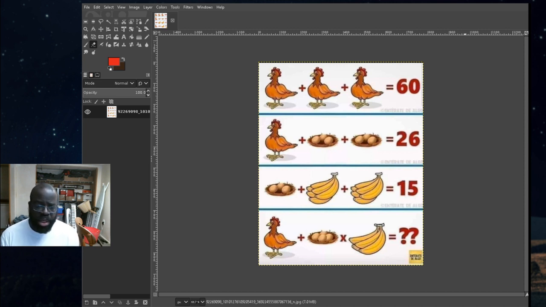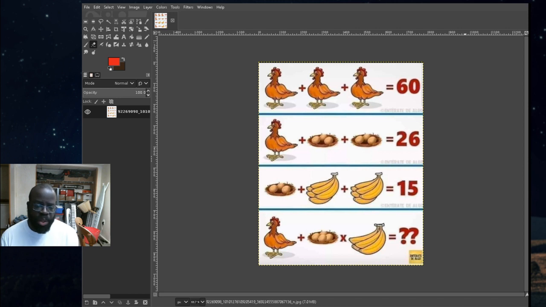So when we go to our next line, where we try to figure out how much a bunch of 6 bananas is, a basket of 3 eggs plus a bunch of 6 bananas plus a bunch of 6 bananas is equal to 15. And we take 3 away from that 15. That leaves us with 12, and 2 equal pictographs equals 12. So we divide our 12 by 2. We have 2 bunches there, so we divide it by 2, and we end up with 6, representing the value of a bunch of 6 bananas.